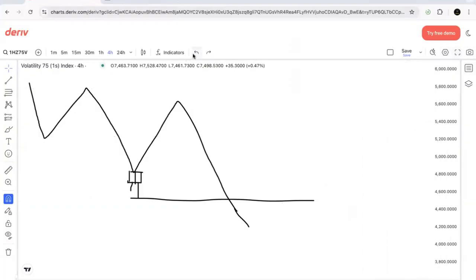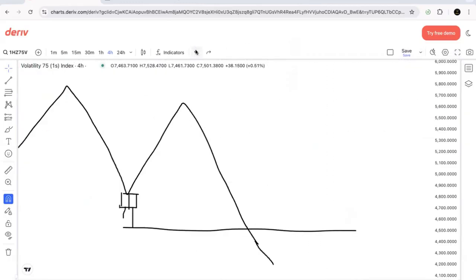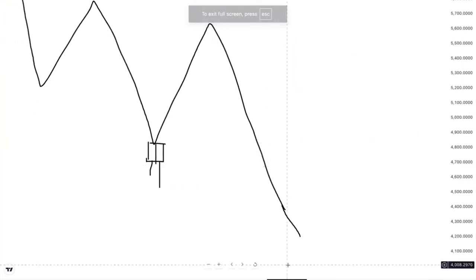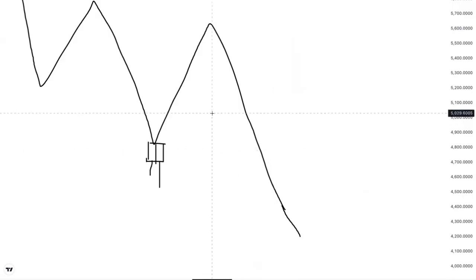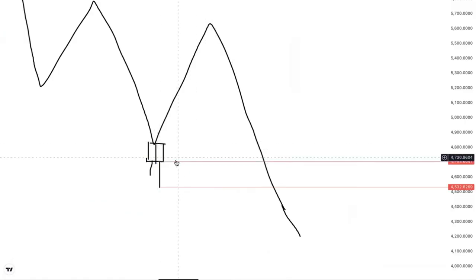So what you're going to do is, let's say price has come to break our main structure right here. We usually place our first line at the beginning of this candle wick right here. That's our first line. And our second line at the beginning of this candle body right here.